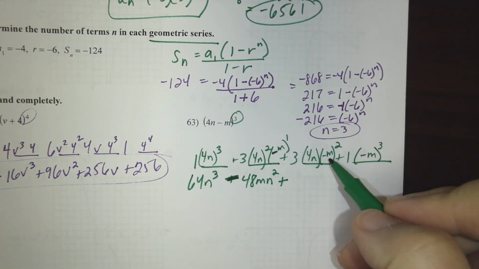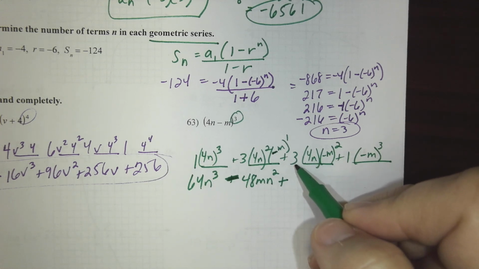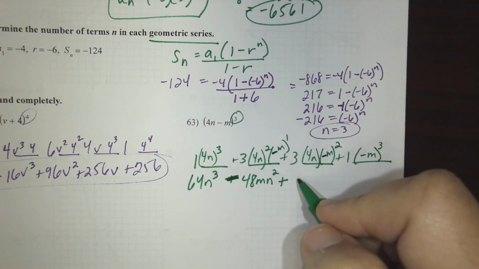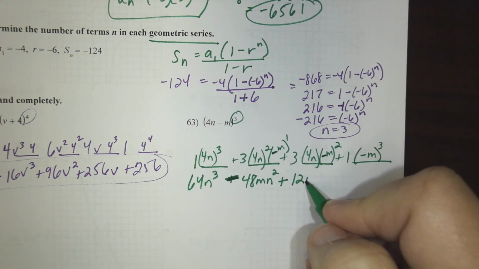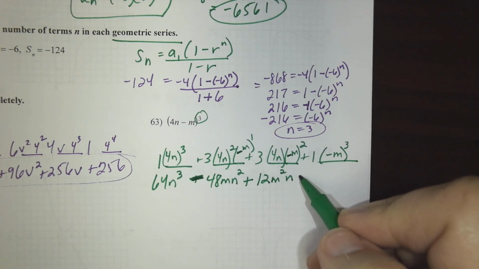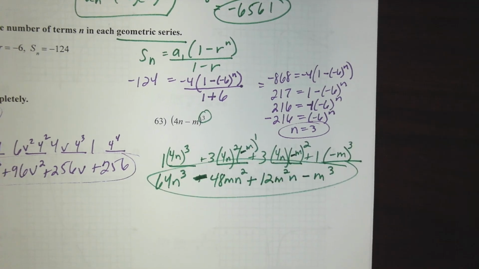And then this one would be 4 times 3. That negative that's being squared would be positive, so that's just 12m squared n. And then this will be negative m cubed. And that would be how you get your answer.